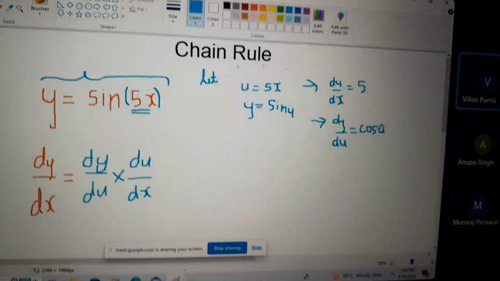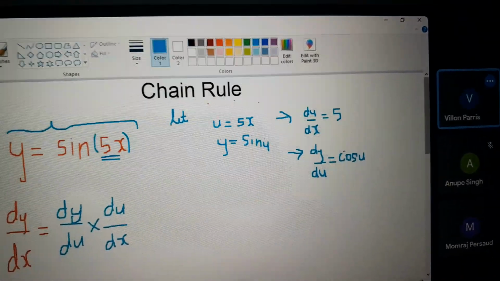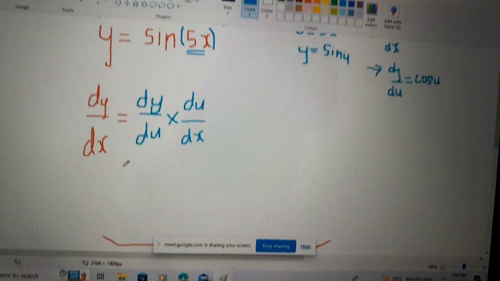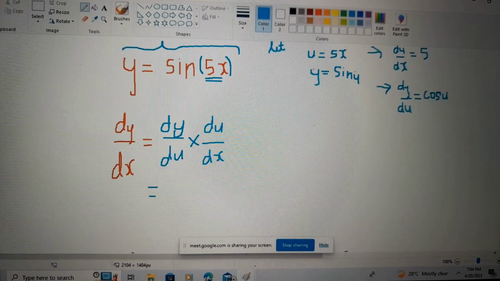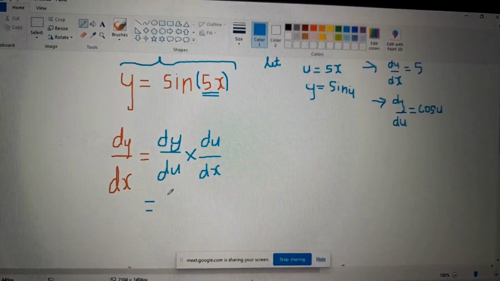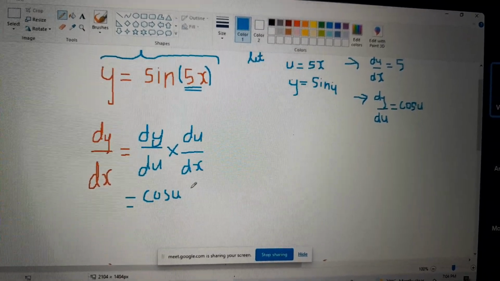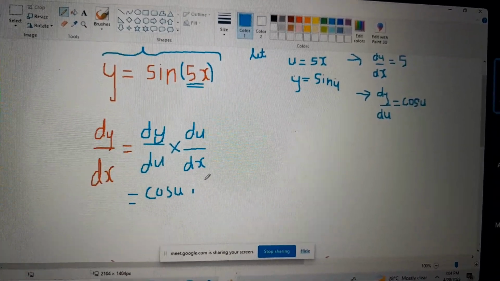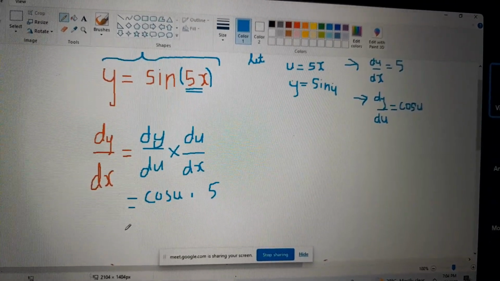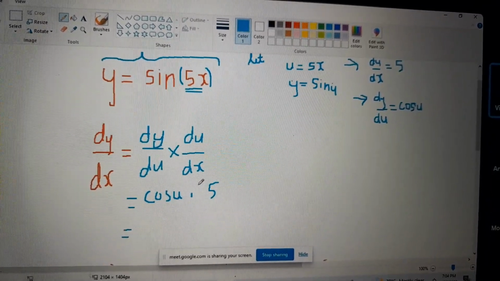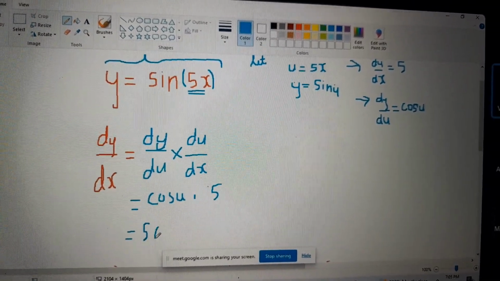Is that clear with everyone? Yes, sir. Great. So now all we need to do is our substitution. So dy/du, we found that to be cos u. And du/dx, we found that to be 5. So I will bring this constant in front, so it will be 5 times cos.